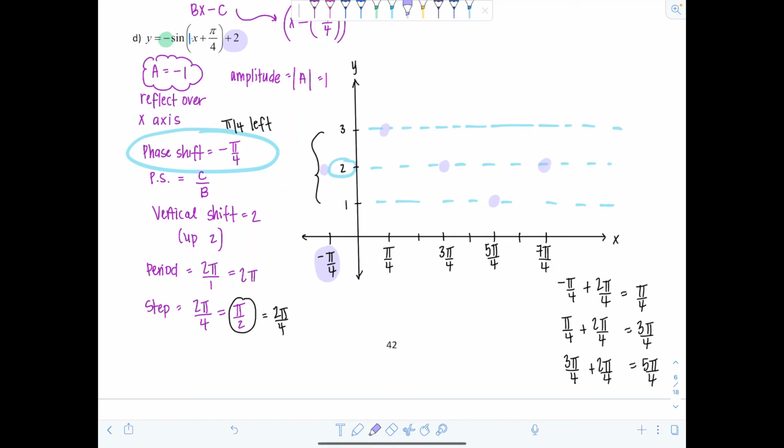So normally our sine wave looks like this. However, it's been reflected over the x-axis. So you're going to flip it like so. You still start at 0, it's just instead of going up, now you're going to go down. Then back to 0, then you go up, back to 0. So the only difference is you go down instead of going up on that first step. And there's our curve.